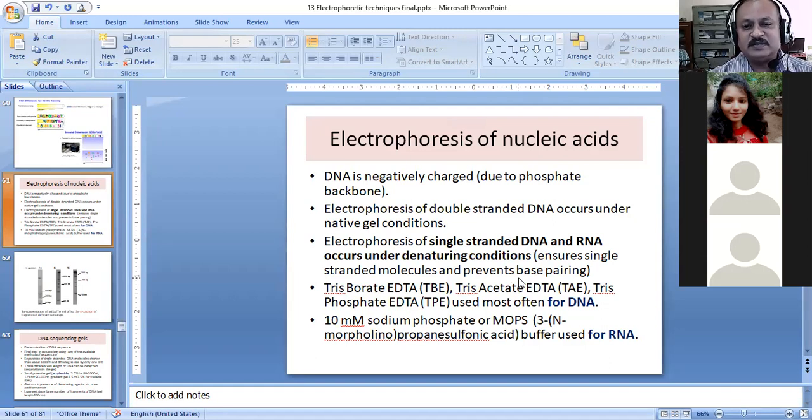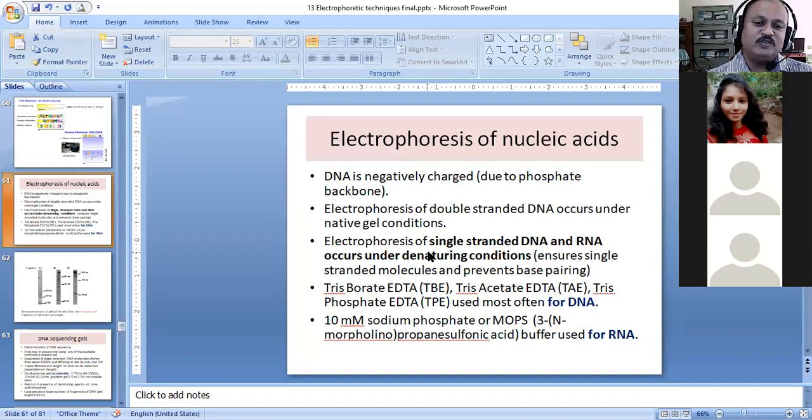So these single stranded DNA and single stranded RNA molecules have some sequences which are complementary to some other sequences, either within the same molecule or on a different molecule. That is what leads to the formation of secondary structures or some complicated structures in these molecules. If such secondary structures are formed, then they do not run very easily in the electrophoretic gels.